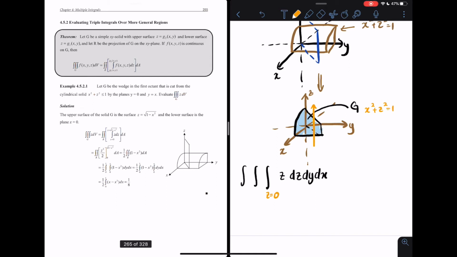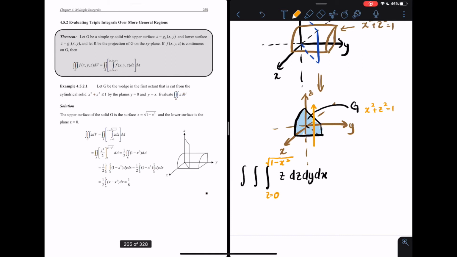Again, you have to know how to make z the subject of your equation. In this case, I will get square root of 1 minus x squared, which will be the upper limit with respect to variable z.